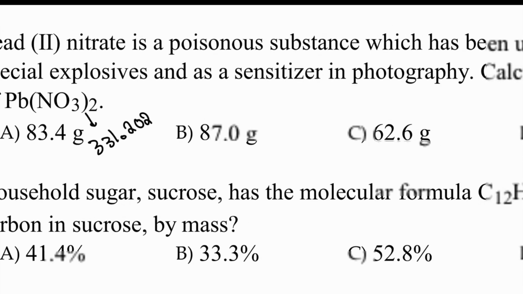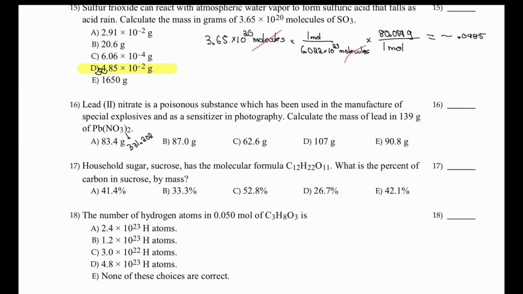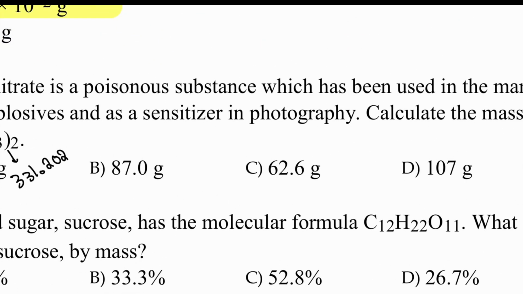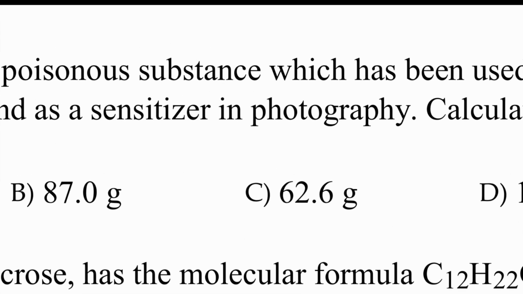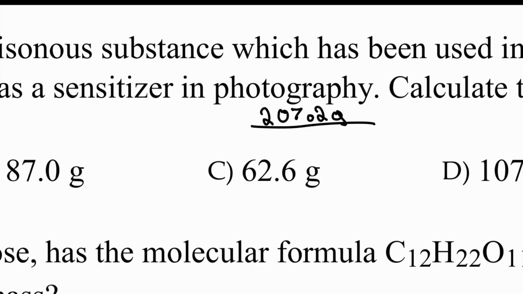And since we want to find out the mass of lead in that amount, we want to find out the percent of Pb. So I'm going to use this formula of the mass of the element over the mass of the compound, or the substance you could call it.